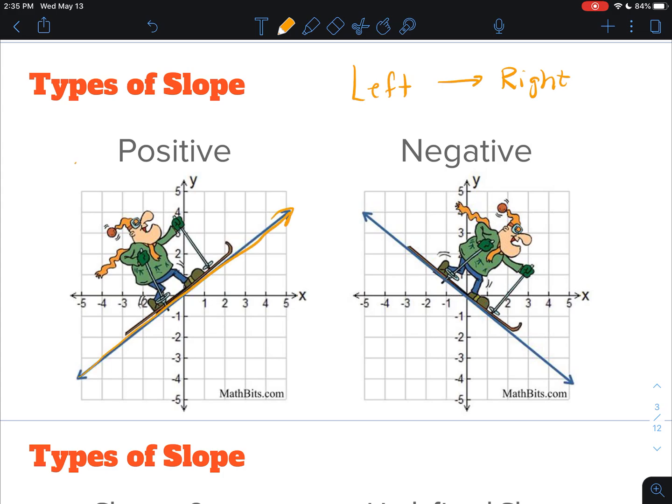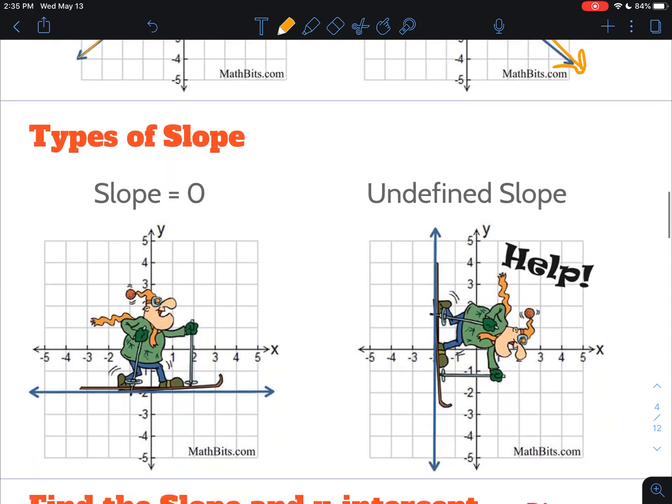So if I have a line that's going up from left to right, notice the line is going up or the skier is going uphill. That's called a positive slope. It's going up. Same thing if I have the opposite. If I'm looking at it from the left to the right, the line's going down from left to right, that's going to be a negative slope, okay?